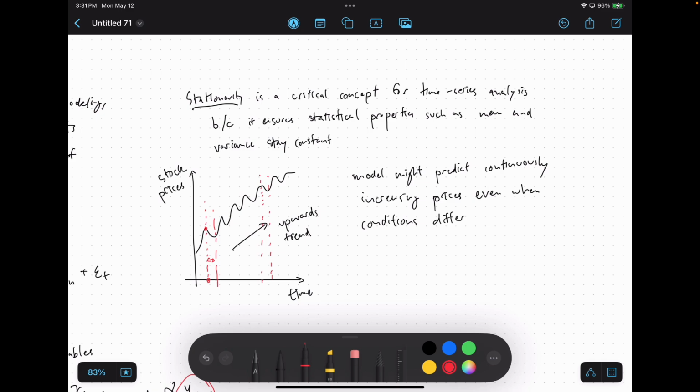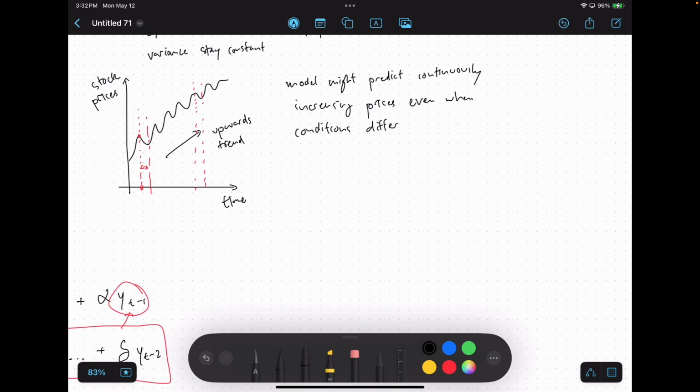So if I wanted to isolate that effect, I would want to control for stationarity, and that actually means transforming the data in a certain way.